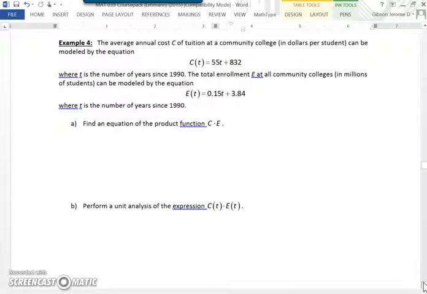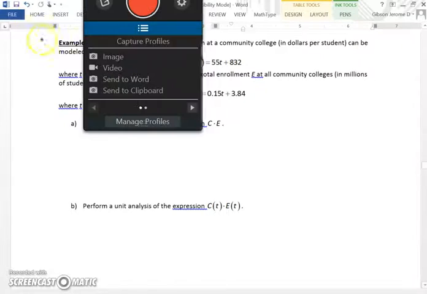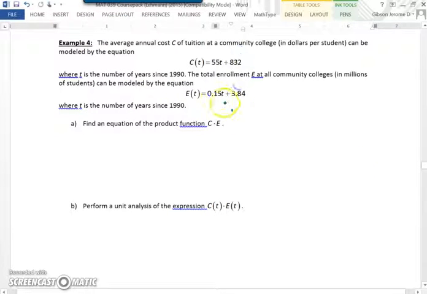The total enrollment E at all community colleges in millions of students can be modeled by the equation E of T equals 0.15T plus 3.84, where T is the number of years since 1990. Find the equation of the product function C times E. So this is really C of T times E of T. That is really what they're asking for.